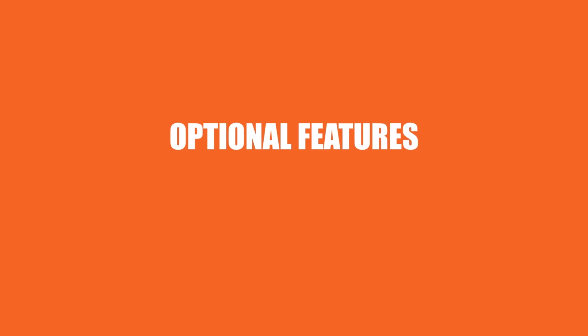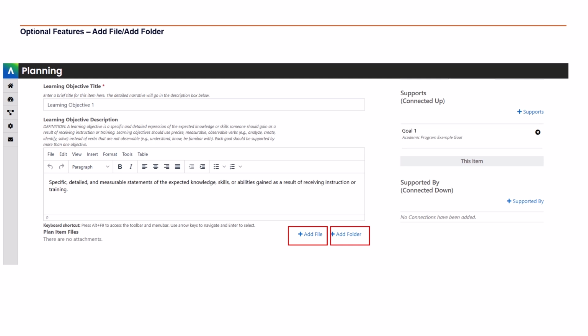Now that we have reviewed the core functions for managing assessment plans, let's briefly examine several optional features available in Blackboard Planning. One optional feature in this system allows you to attach files directly to a plan item. This feature allows users to upload supporting documentation related to a specific assessment plan item.